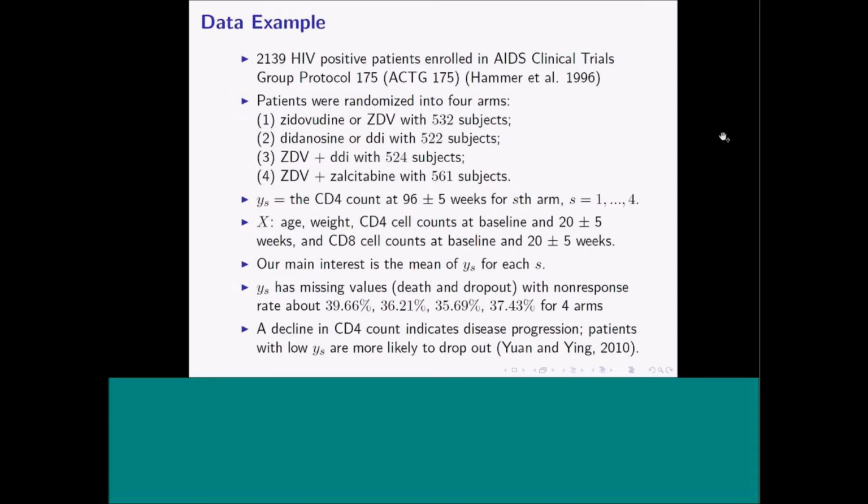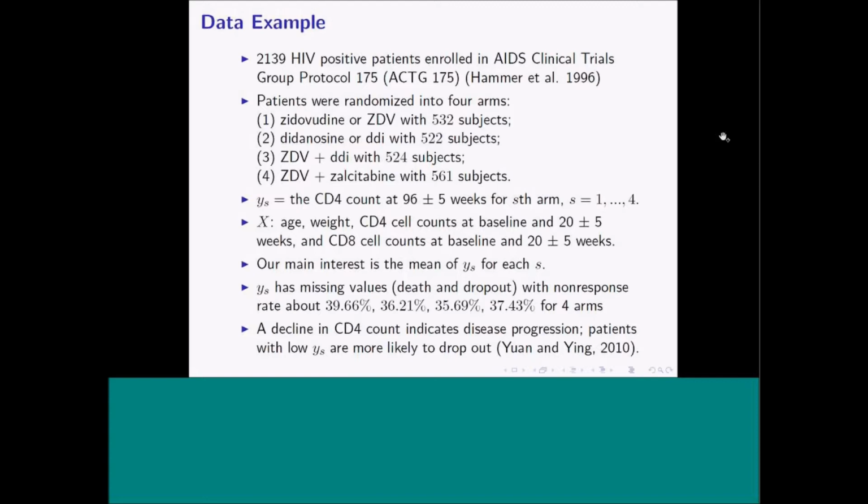What I learned from this problem is that the counts are missing simply because the patient is too sick. Therefore, the CD4 count at baseline and the CD8 count at baseline and at 20 weeks are very good predictors of whether this person will have missing data or not.